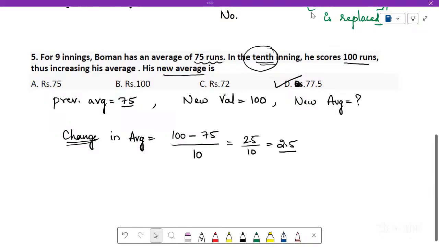I'll give another question of the same type. Solve this and let me know the answer.